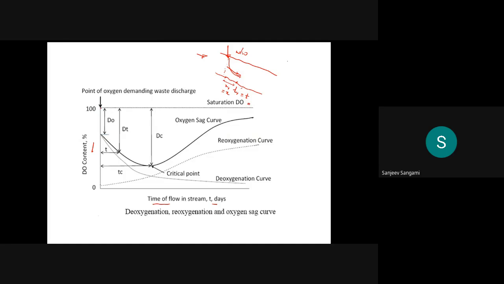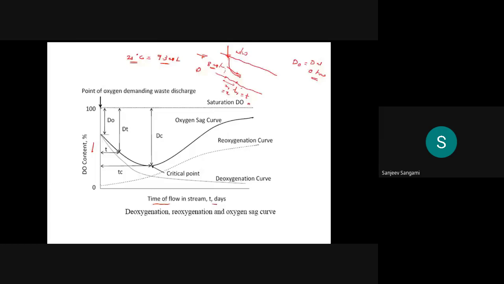So this D naught means DO at 0 time. At 0 time, D naught means 100%. Assume that it is 8 milligram per liter. At this point, saturation DO might be different, but assume that the saturation DO at 25 degrees centigrade is 9.3 milligram per liter.